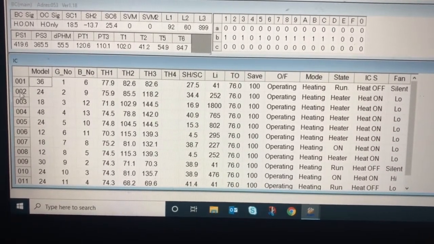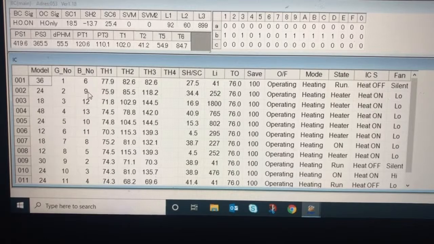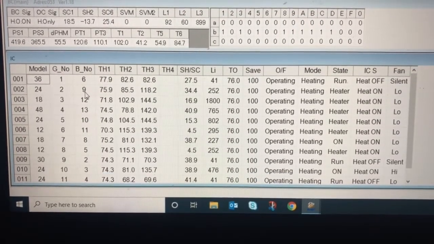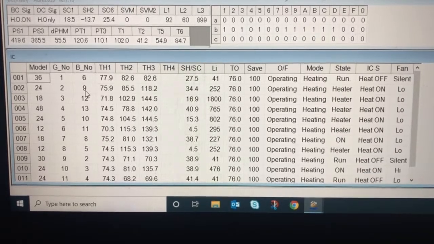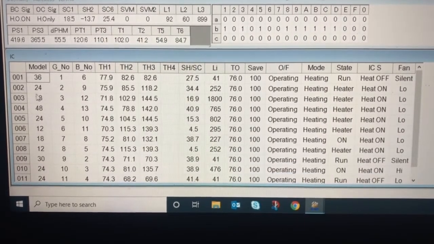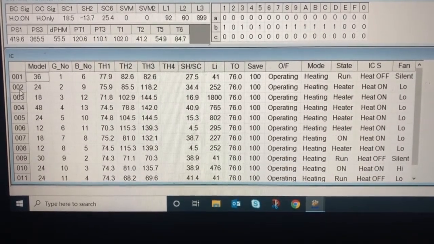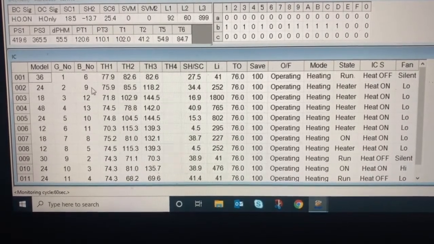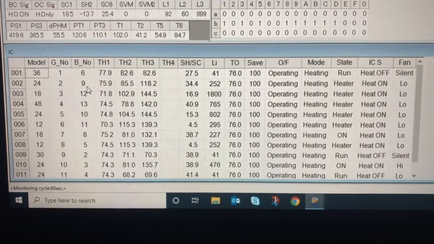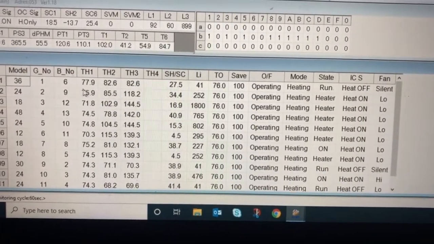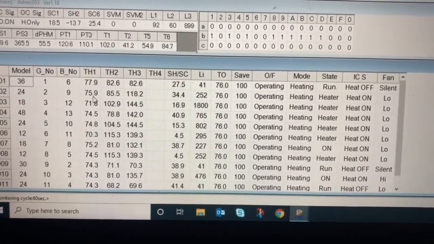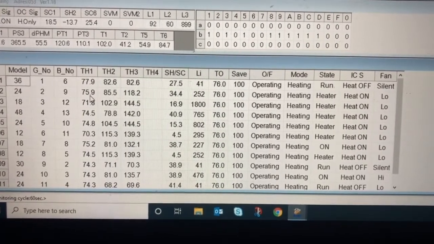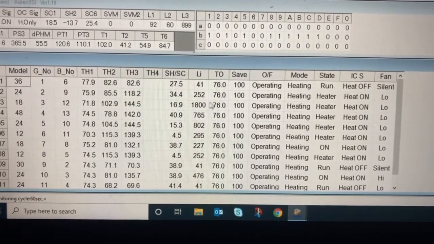So address number 2 is branch box number 9, port number 9. We call them ports, so that's port 9. The unit that has address number 2 is a 2-ton unit, and it's hooked to port 9 on the branch box. Currently it's almost 76 degrees in the space where the air handler is, and it's set to 76.